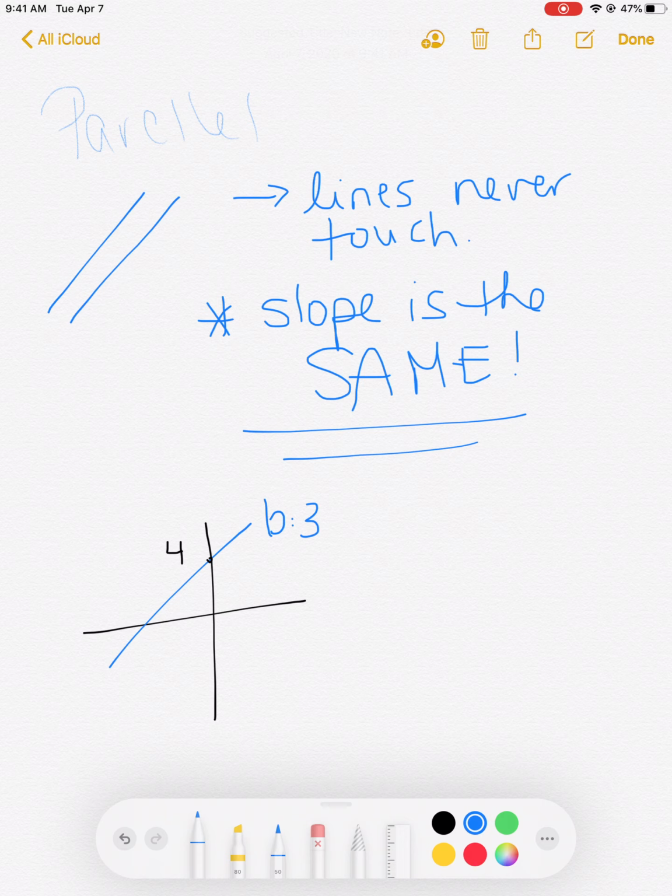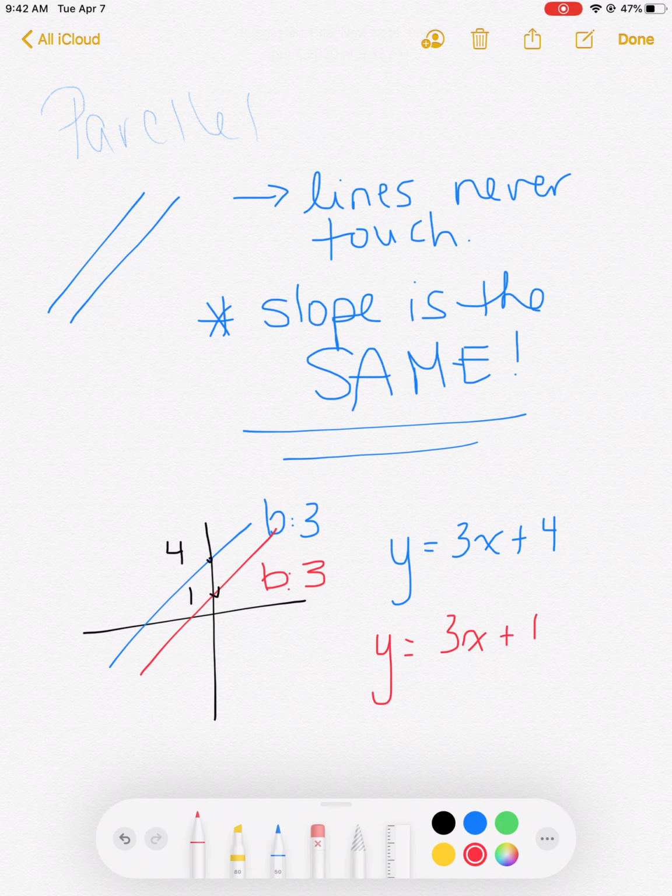Again, hypothetical. So that means my new line is going to have the exact same slope, but my y-intercept's different. Let's say that's 1. So for example, my blue line would be y is equal to 3x plus 4, where my red line would be y is equal to 3x plus 1.